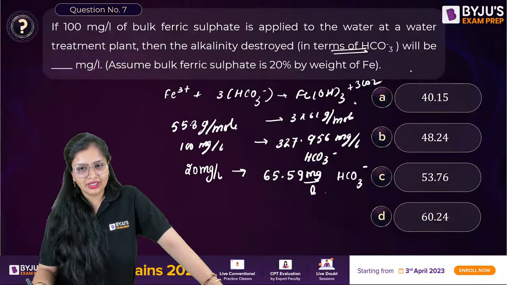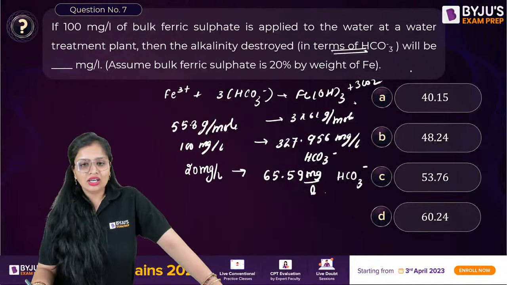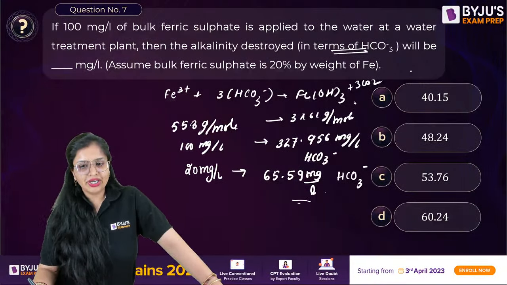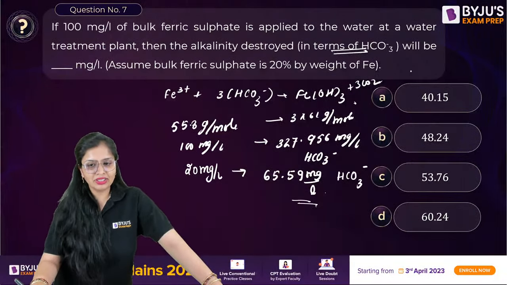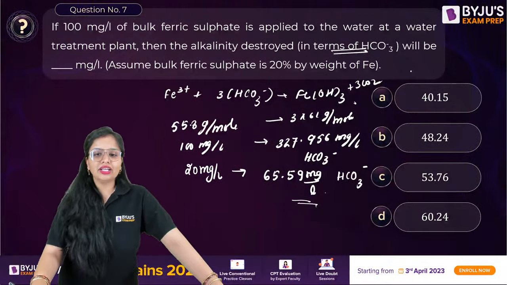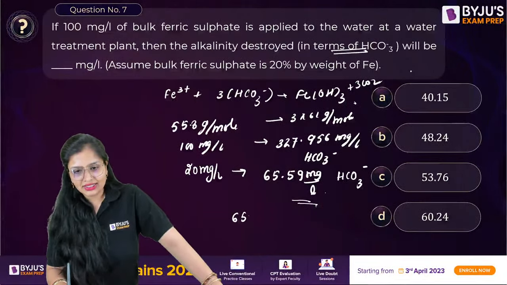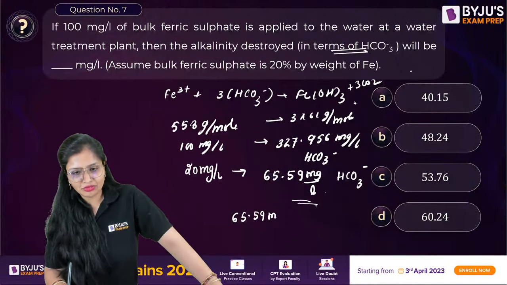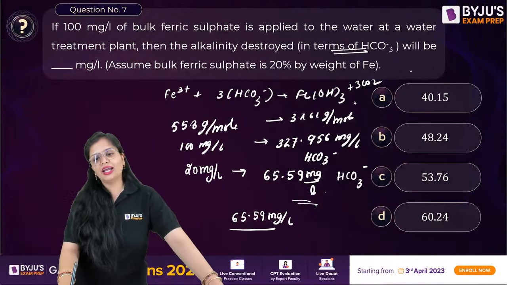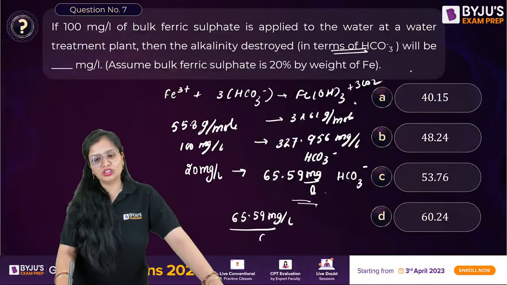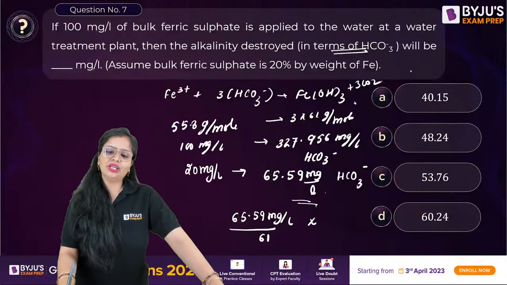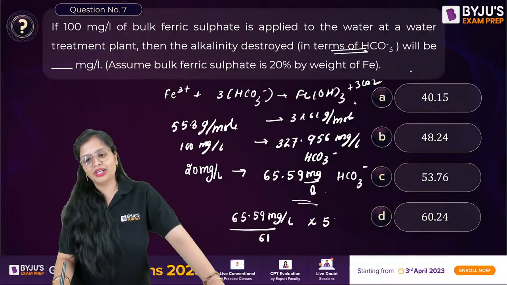65.59 mg per liter. Okay, now if you talk in terms of HCO3 minus, this will be there. Otherwise, if you talk in terms of calcium carbonate, this will be 65.59 mg per liter divided by the equivalent weight of HCO3 minus, 61, into the equivalent weight of calcium carbonate, 50.